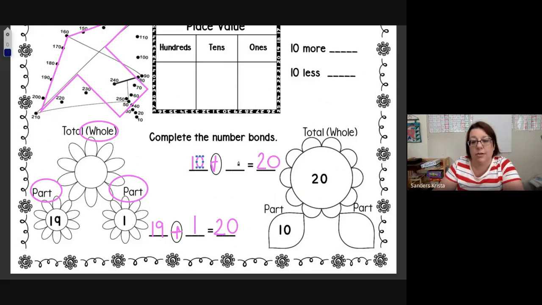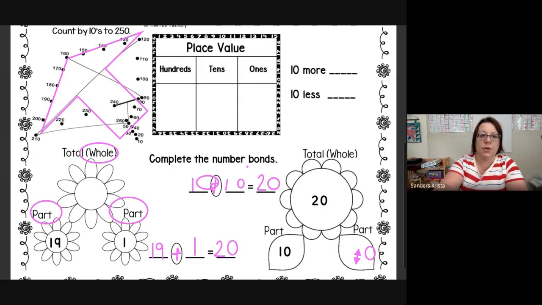Ooh, that's an addition double. 10 plus 10 equals 20. That's plenty. Oops. Let's see if I can drag that back up.